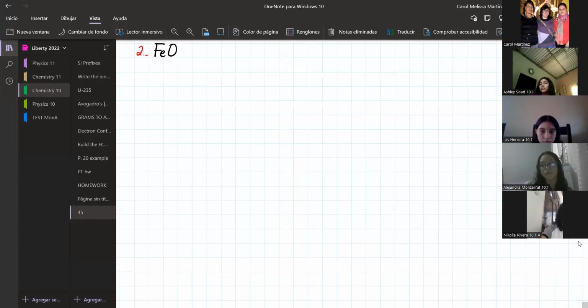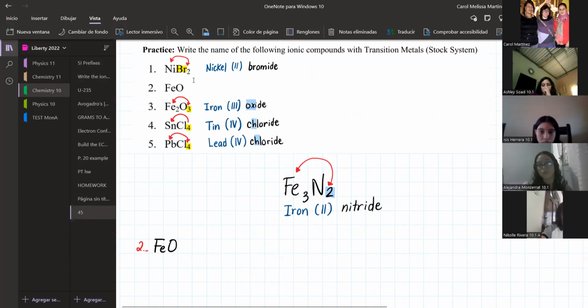Exercise 2. I know already that iron has multiple charges. So if I just follow the idea that I gave you, to take a look at the subscript of the anion, I would say, because it's invisible, that this is iron 1 oxide.